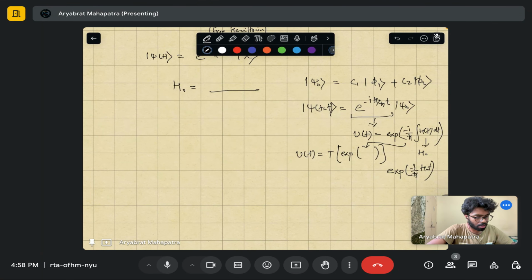That is what we have to do when looking at a time dependent Hamiltonian. But for a time independent Hamiltonian, this simply acts as your evolution operator.